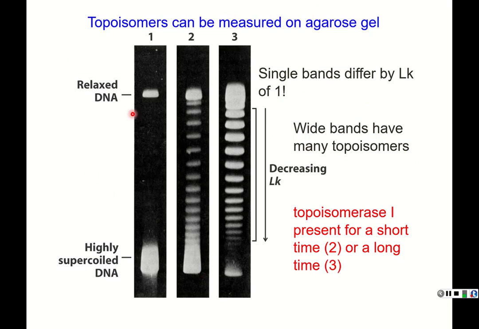So in the first lane we have relaxed DNA and then highly supercoiled DNA. And then if we treat it with what's known as topoisomerase, an enzyme that changes linking numbers, we can get bands here at every linking number. And so these single bands shown here are differing by a linking number of just 1. So you can separate DNA out when it's a change in linking number of only 1, which is pretty crazy.